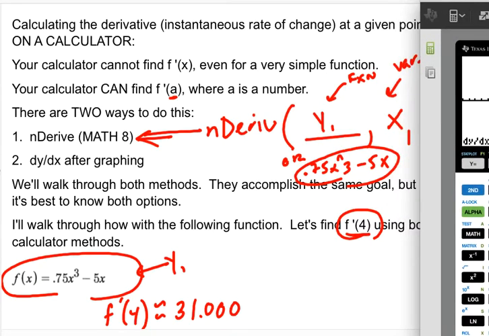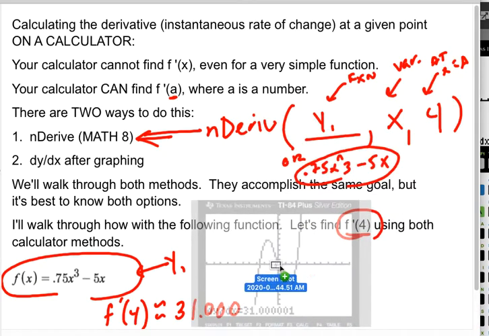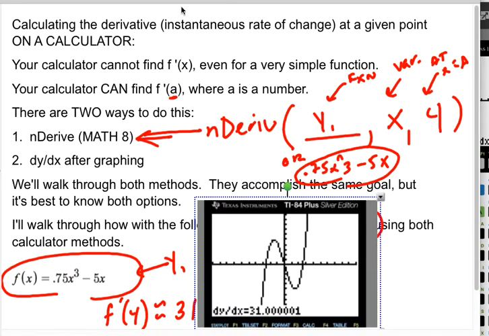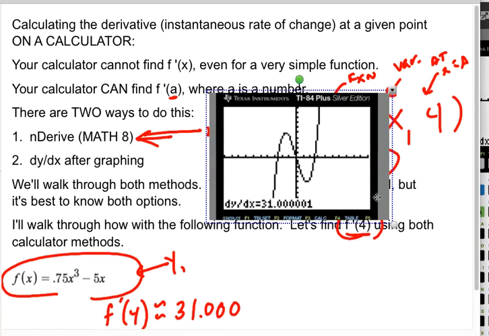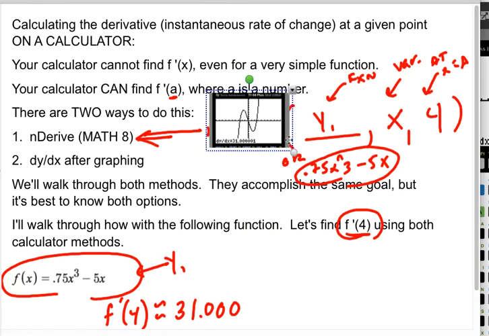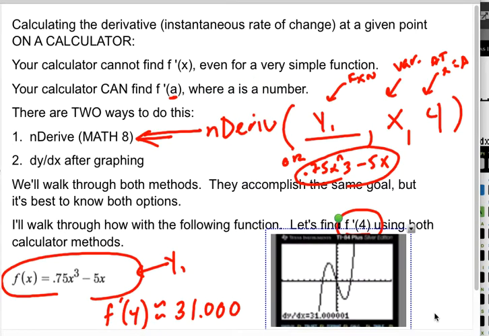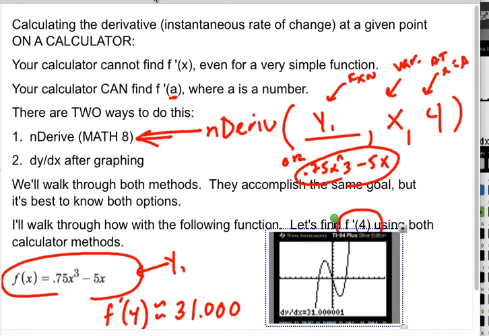So that's also completely fine, right? So the other way to do this, if you wanted to do this using the calculator dy/dx method, which is fine.